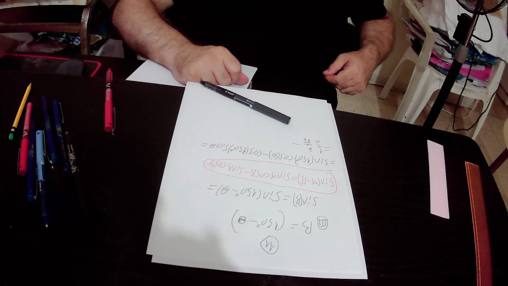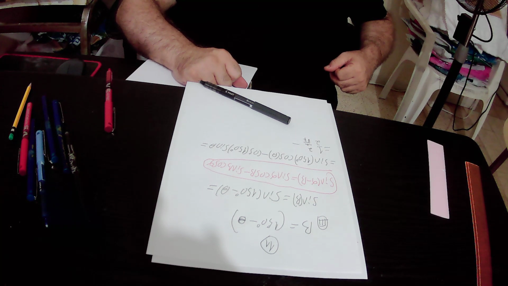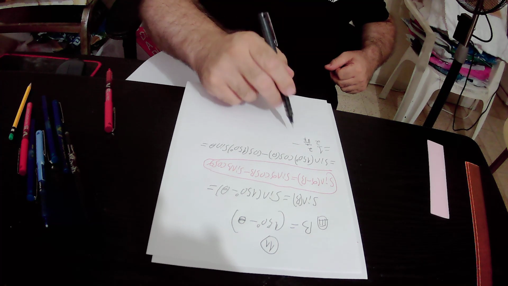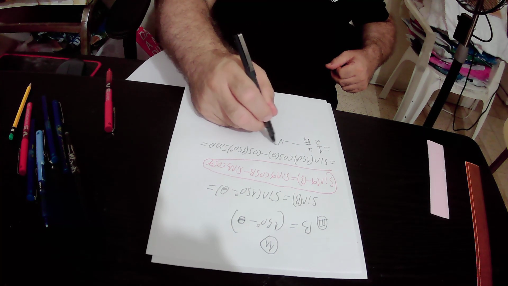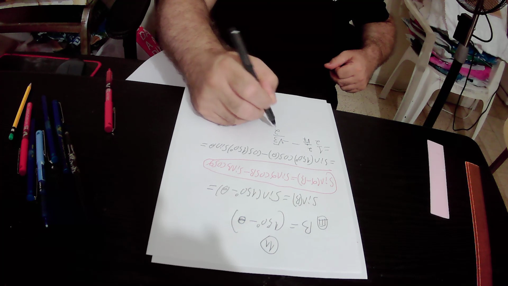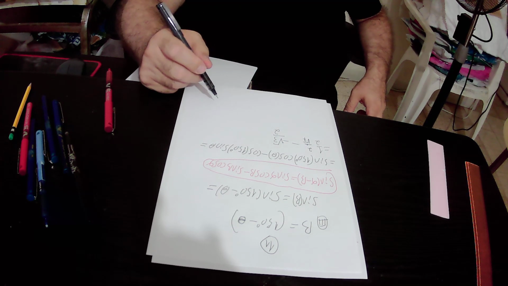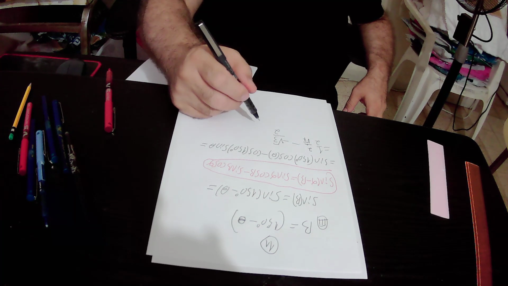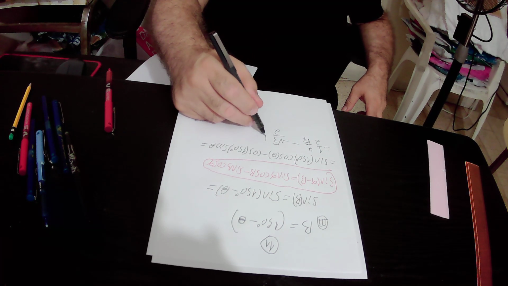The value of cosinus 150 degrees is minus root 3 over 2, times sinus theta. As I've already shown you, the value of sinus theta is root 3 over root 7.